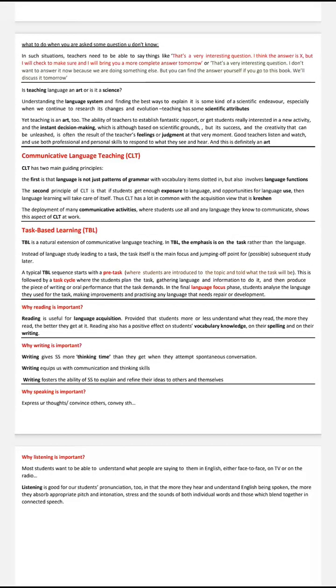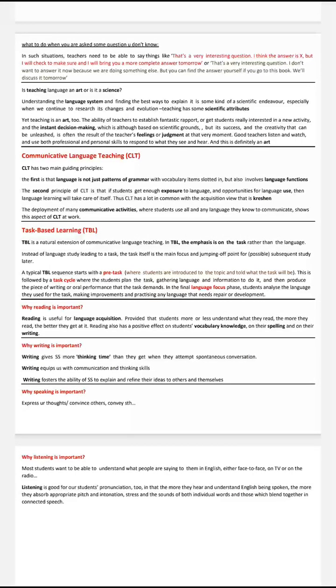Why is reading important? Reading is useful for language acquisition, provided that students more or less understand what they read. The more they read, the better they get at it. Reading also has a positive effect on students' vocabulary knowledge, on their spelling, and on their writing. Why is writing important?